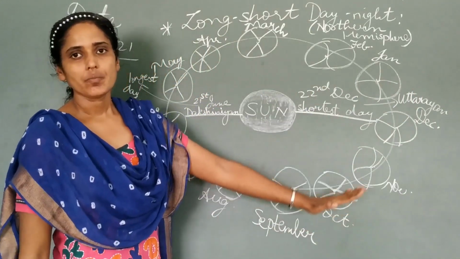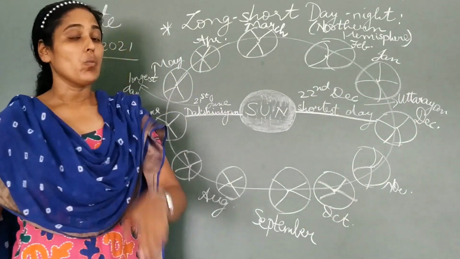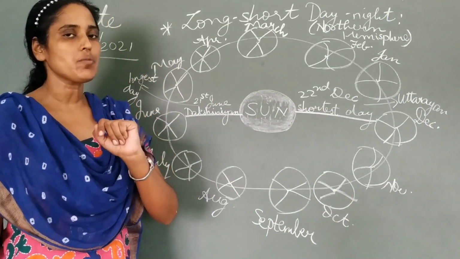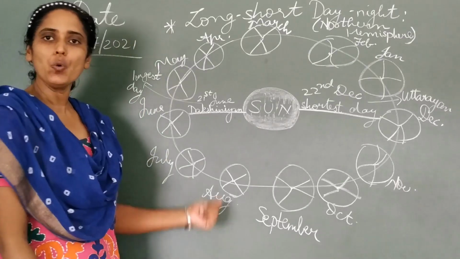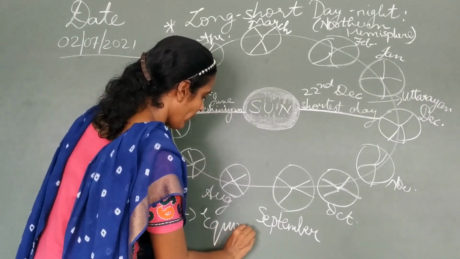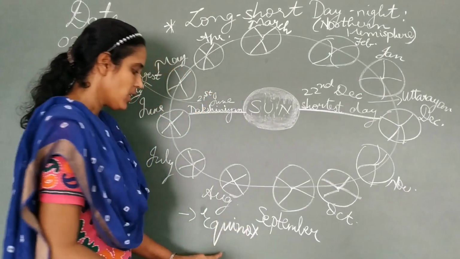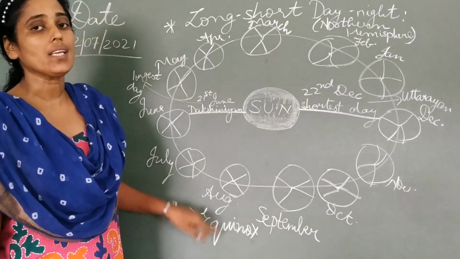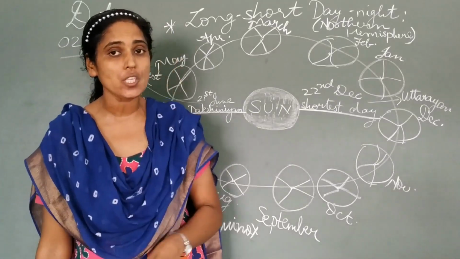So this we completed. Now you have a new concept, that is equinox. Okay students, what is that concept? So now we have a new concept in this diagram, that is equinox. Students, what is equinox? E-Q-U-I-N-O-X. Equi stands for equal. Equal length or duration of day and night.